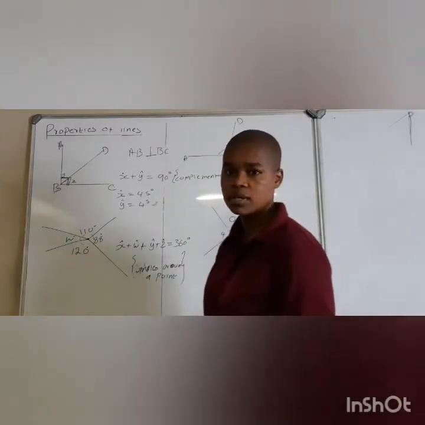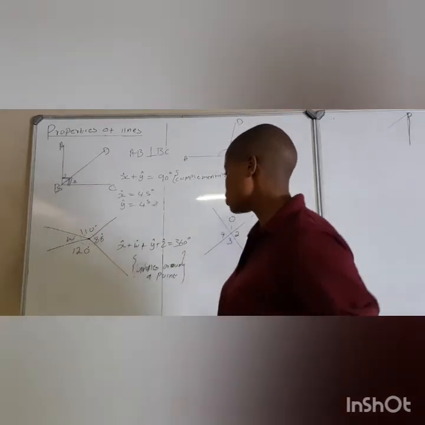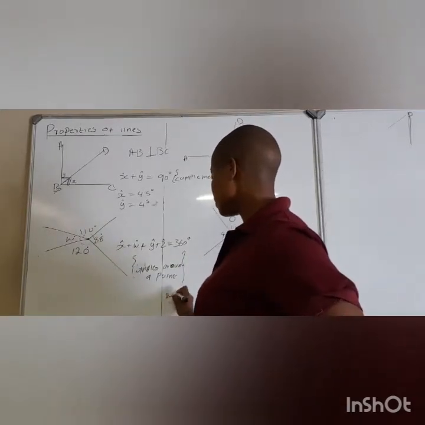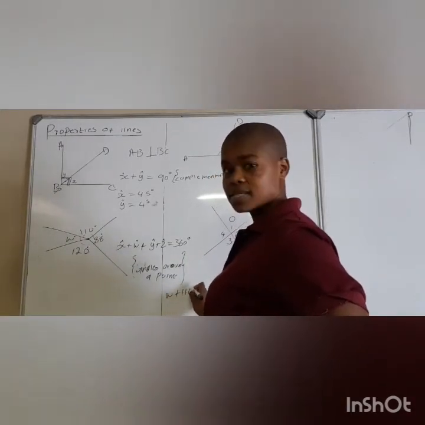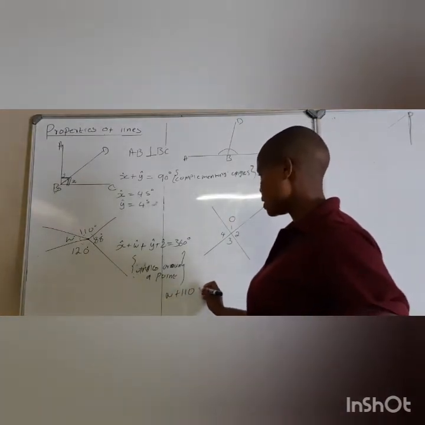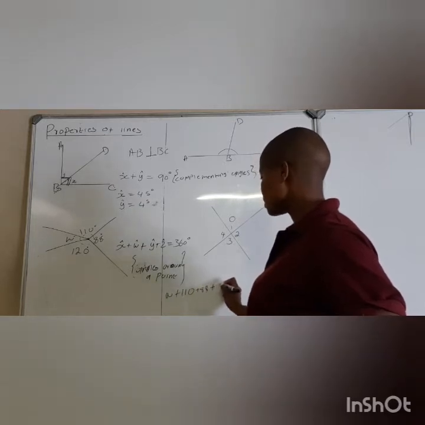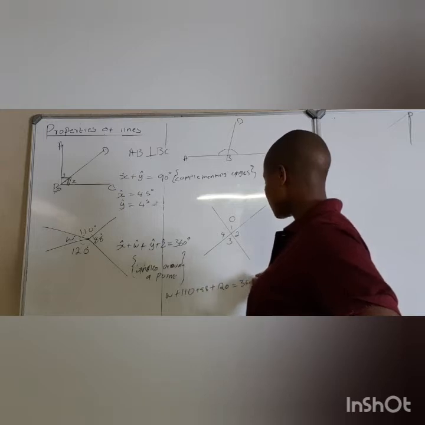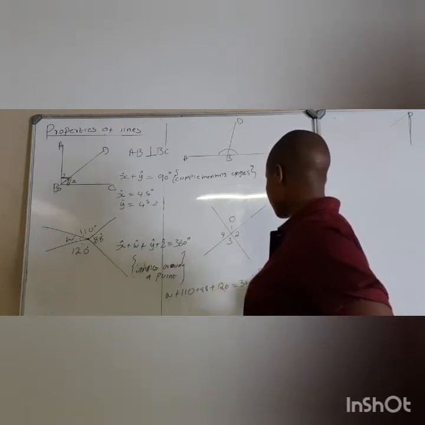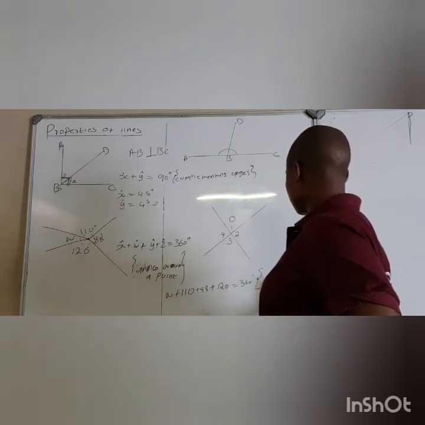So you say W plus 110 plus 88 plus 120 is equal to 360. Why? They are angles around a point.